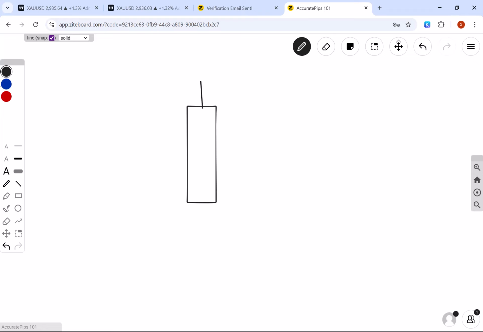Okay. All right. So what I've drawn right now, each part of it has its own what? Its own name. So I'm going to label each part for you. All right.